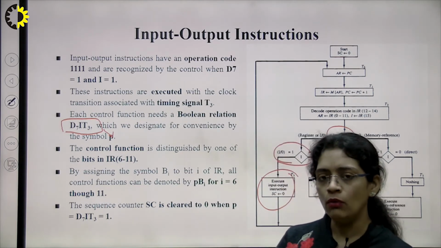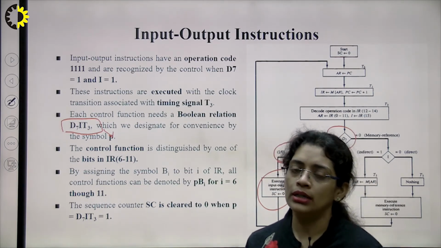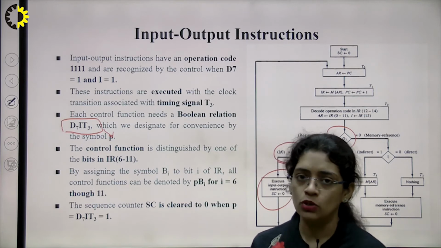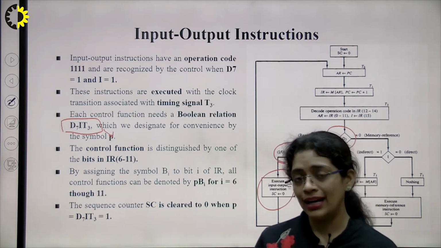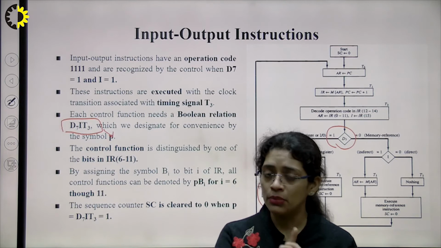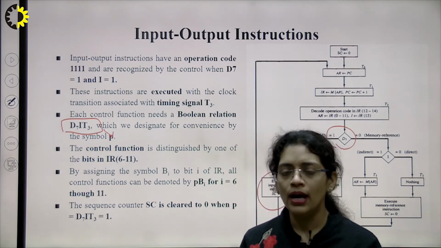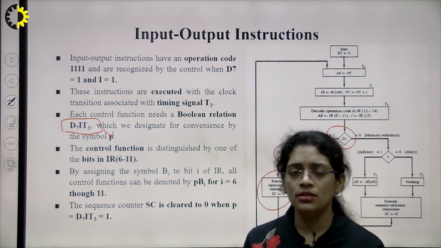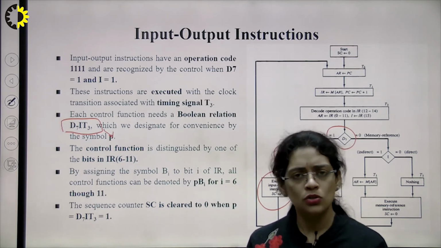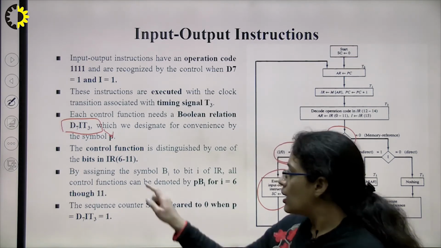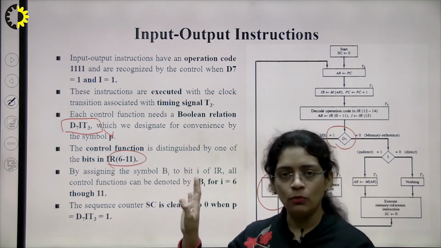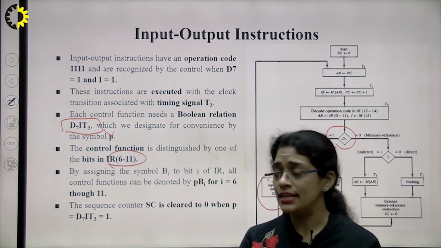Now we have to find out what kind of input and output operation we need to perform. As in register reference, we take bits from the instruction register, but here, because we don't have many input output instructions, we don't need bits 0 to 11, only bits 6 to 11 are enough. We are not going to consider bits 0 to 5.